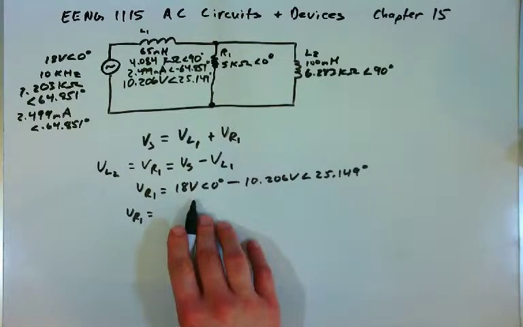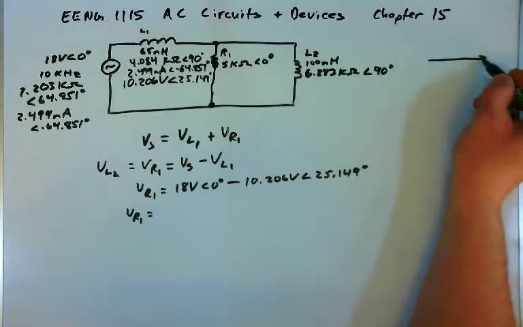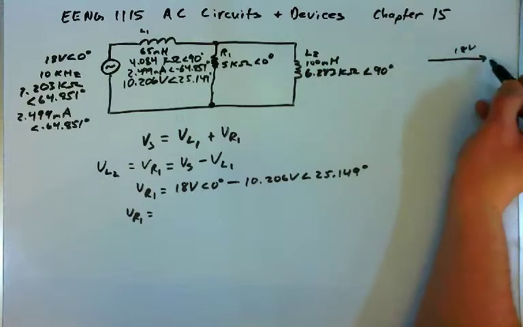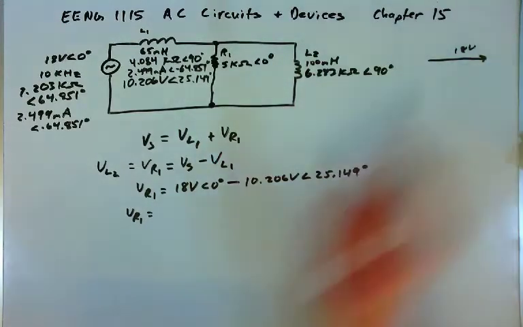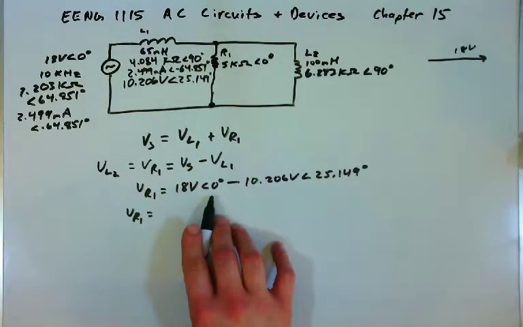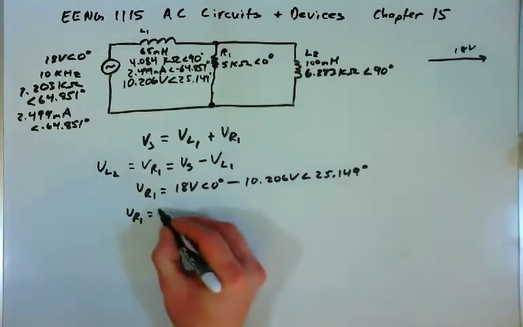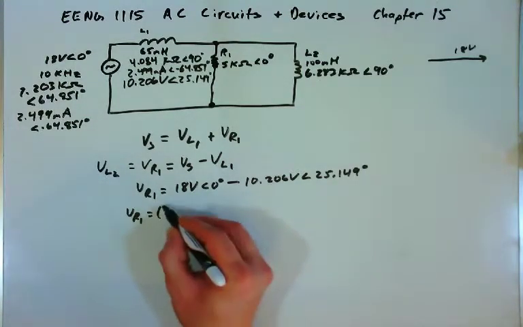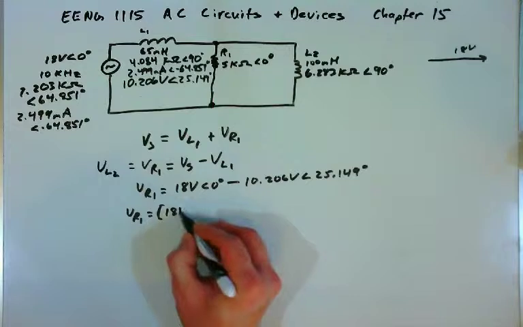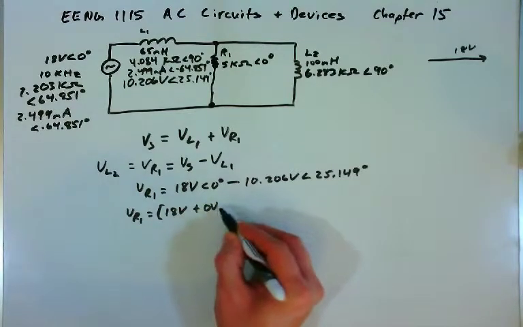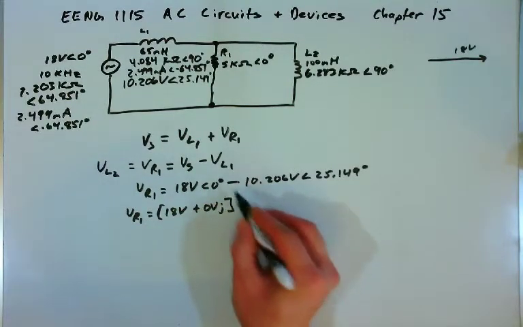The source voltage is easy because it's at 0 degrees, right? We have 18 volts at 0 degrees. All of that is the x, none of it is the y. If you use cosine and sine of 0 degrees, you'll see that. And so the rectangular form of the source voltage is 18 volts plus 0 volts J.